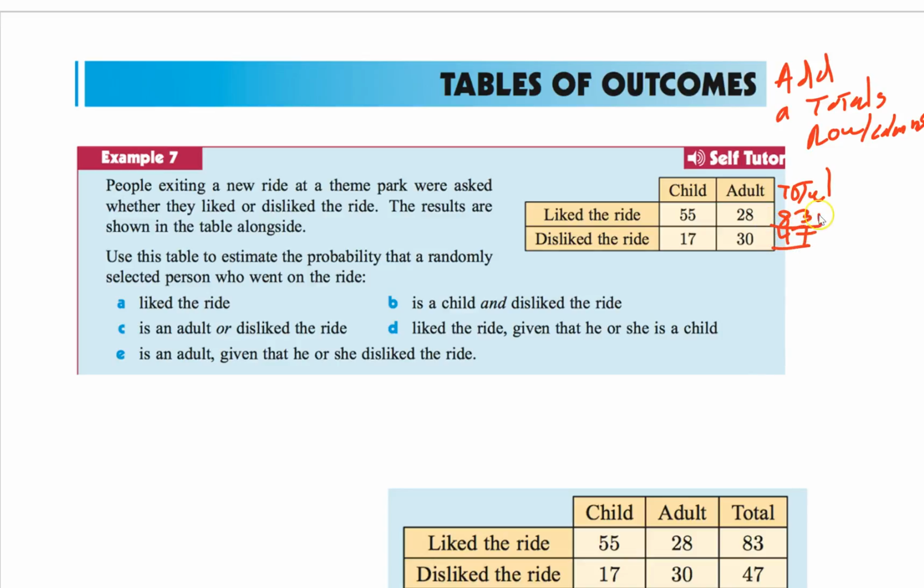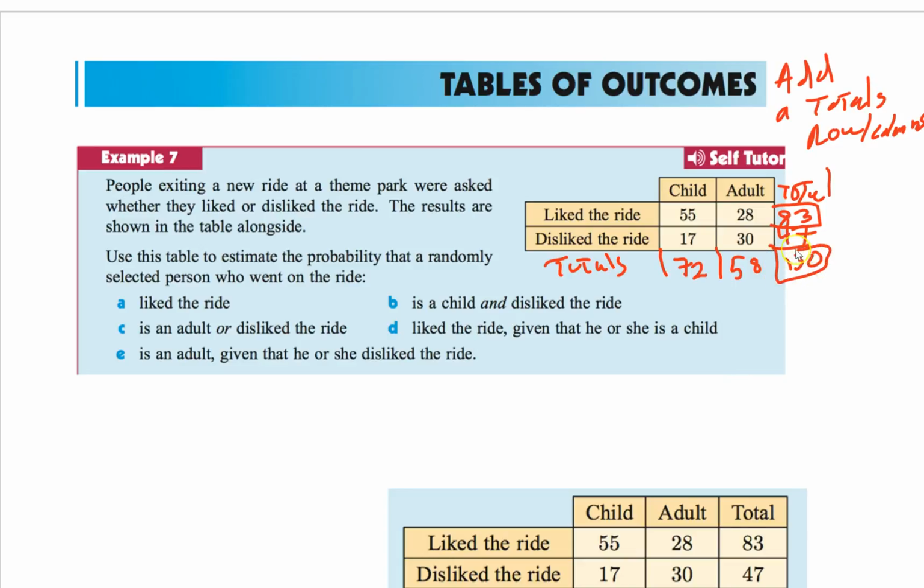And then you do the same thing down here. Totals. 55 plus 17 is 72. And 28 plus 30, so I get 58. Add these up, and I get 130.